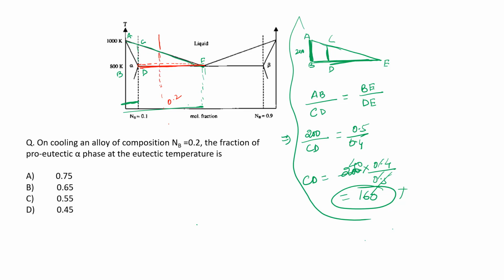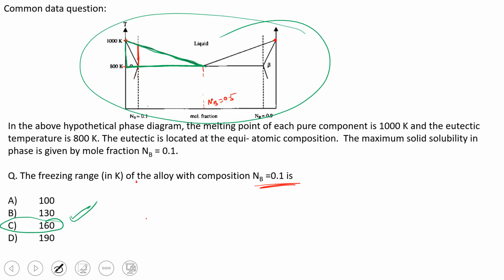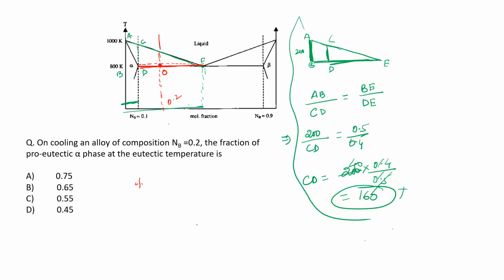And for this 0.2, let us take here like O. Okay, so we need to find this percentage alpha. So it will be alpha here, liquid here. So it will be OE divided by DE into 100.